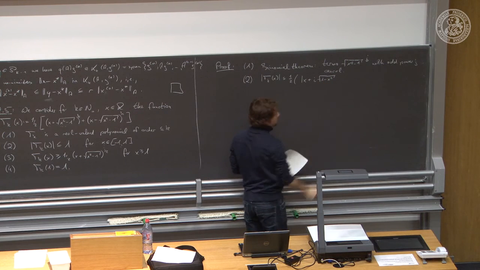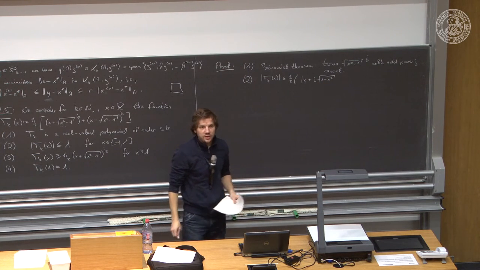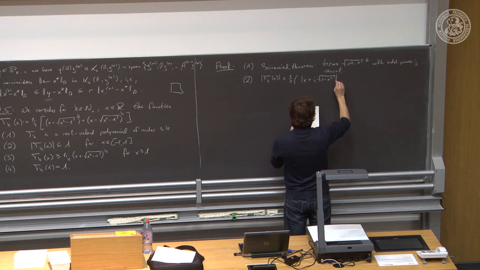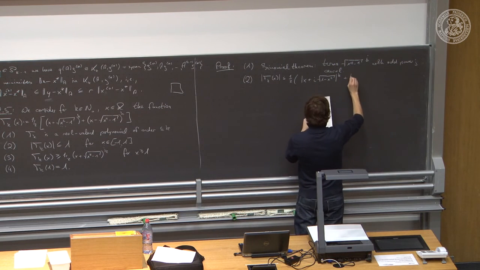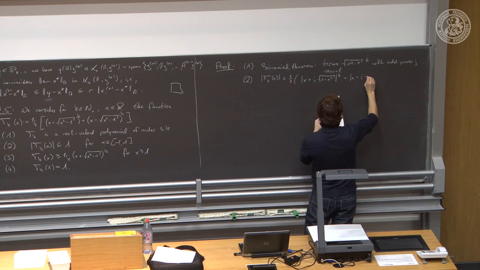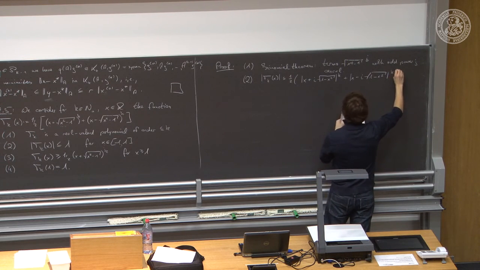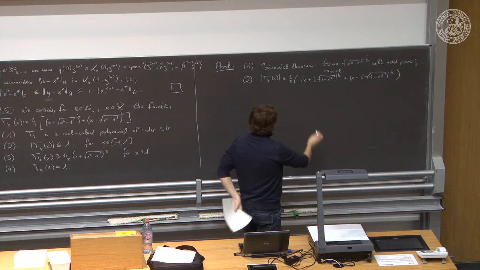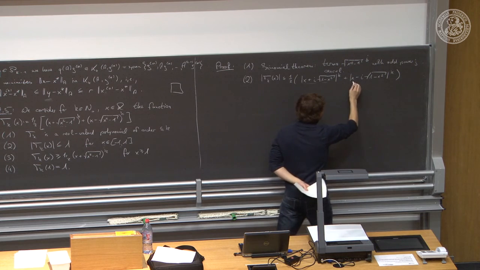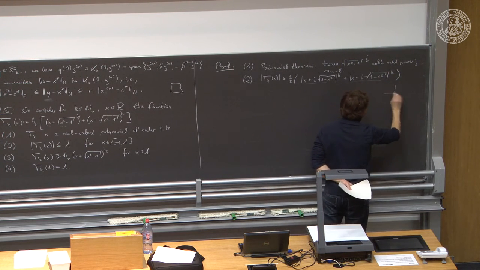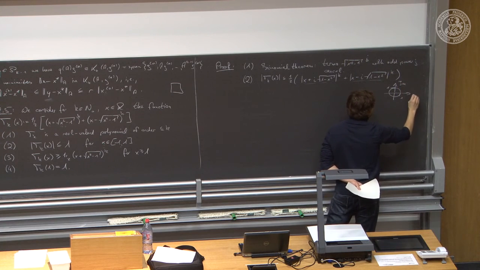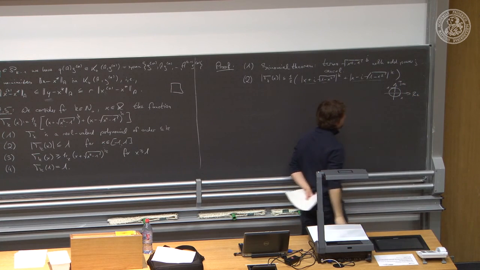The square root here is a real number, since 1 is greater than x squared. But these two complex numbers belong to the unit ball; this is the imaginary axis, this is the real axis.